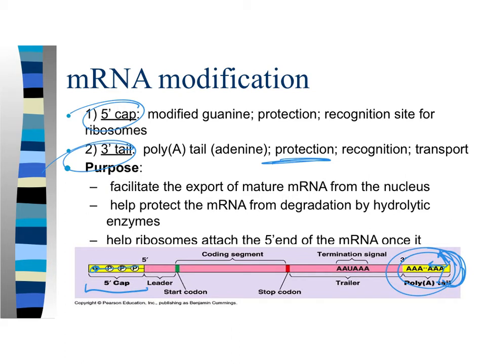And it's to help prevent the actual message from being destroyed. And so it helps to protect, also recognition of the ribosome, for translation, and for transport of the mRNA. Okay, so I listed those here, and if you have questions on that, feel free to ask.